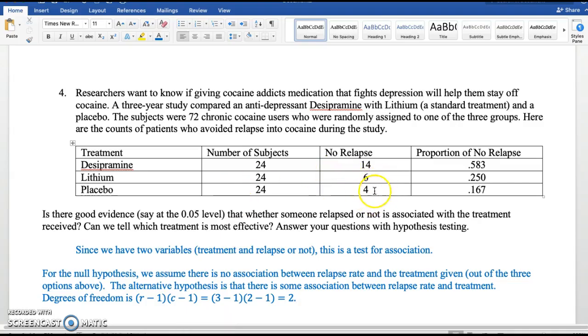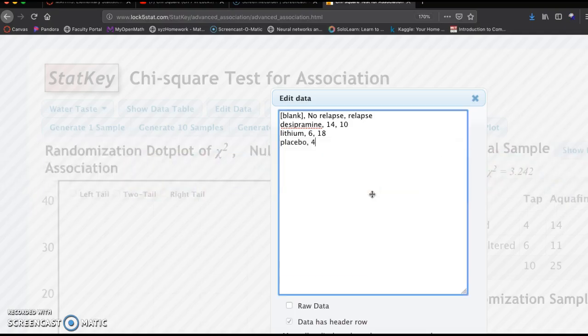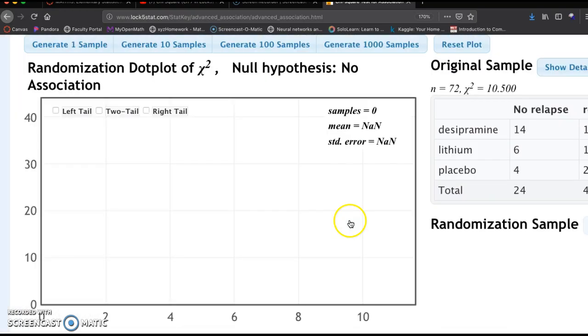Yeah, 4 did not relapse. So 24 minus 4 means 20 did relapse. All right, so I've got the desipramine, 14 and 10, lithium, 6 and 18, placebo, 4 and 20. So I had to change the table a little bit to match up.